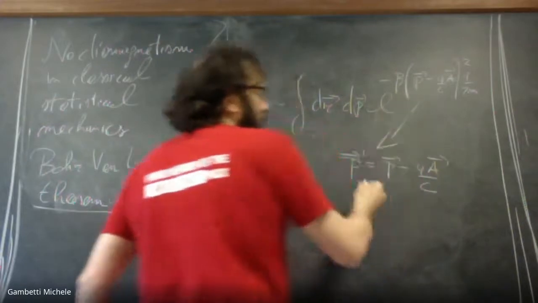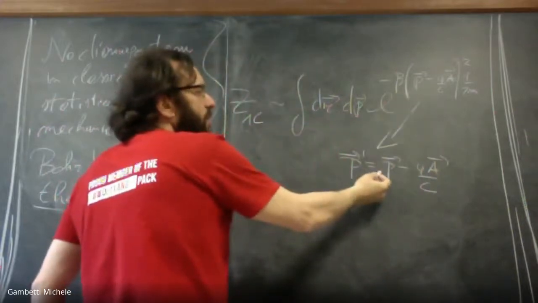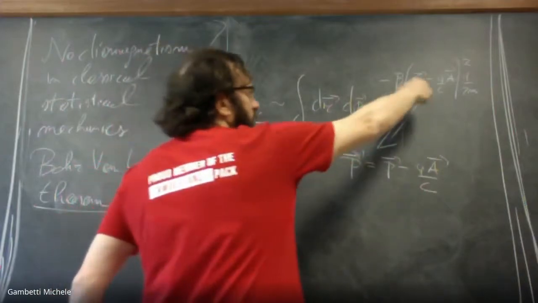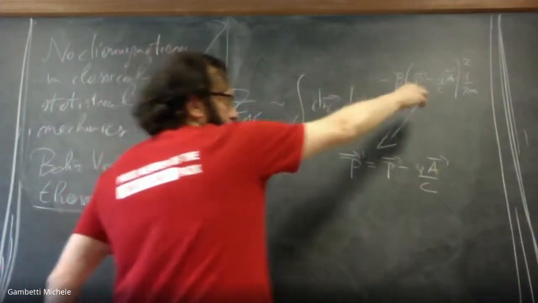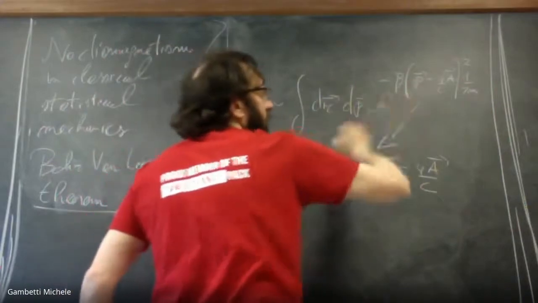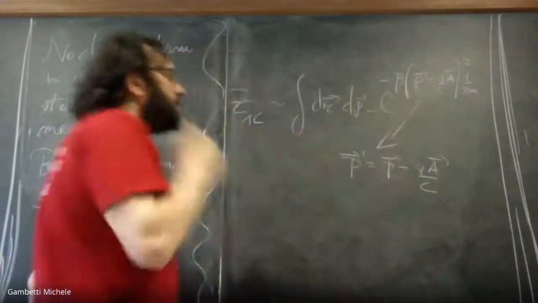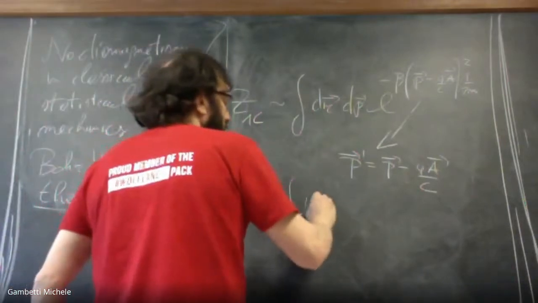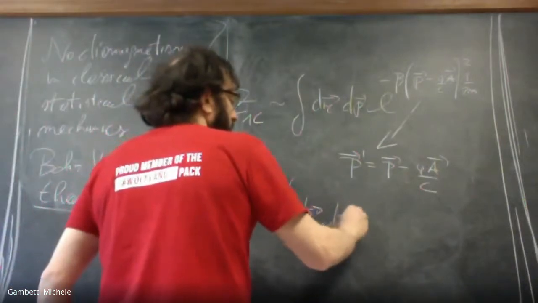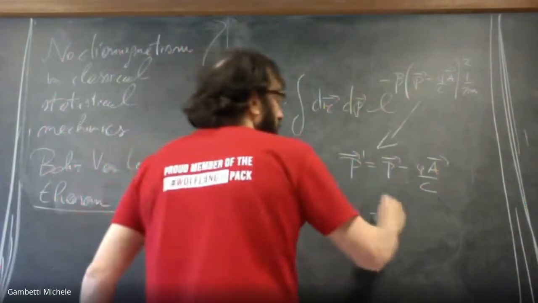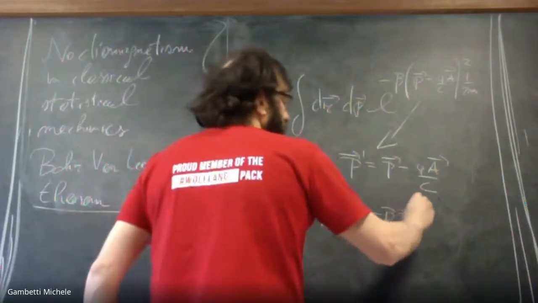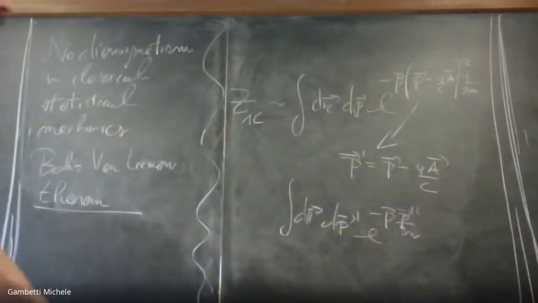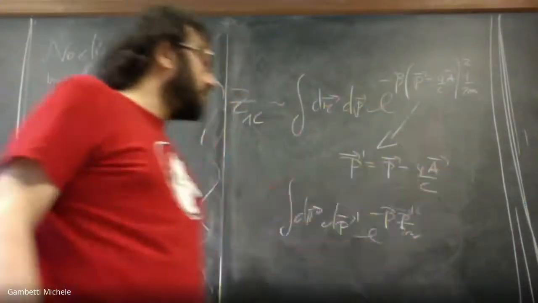Of course, now if you do the Jacobian of this transformation, you get 1, and therefore you do not have any contribution from this. So it will be the same. If you change just the variables, the integral dp prime of e to the minus beta p prime squared divided by 2m. So you see that there's no effect of the magnetic field or the vector potential anymore.